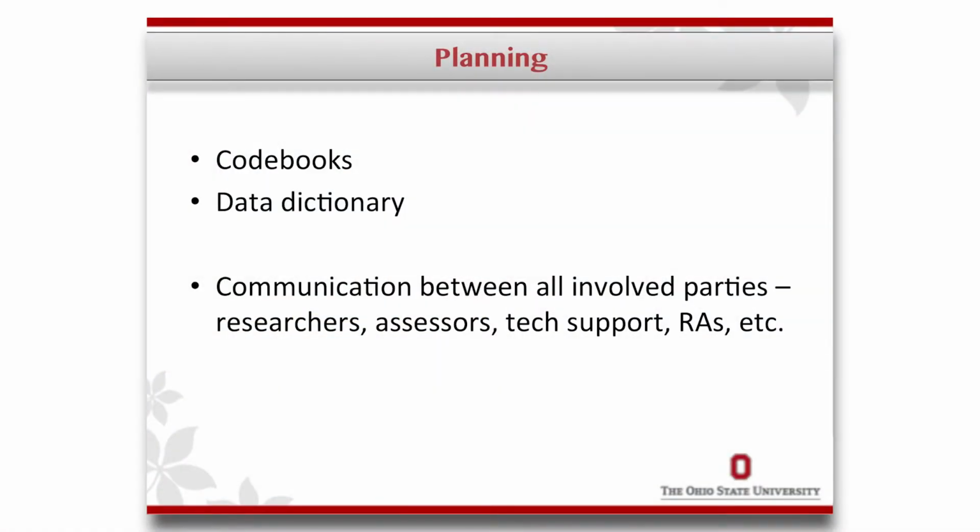Codebooks and data dictionaries are two documents that we have that are really critical to the quality assurance process, getting quality data. Codebooks record a lot of the information about our measures, the full name of the measure, which version we may have used. We keep specific information, if we modified, we track any changes or decisions about the measure, so all of that is in one document.